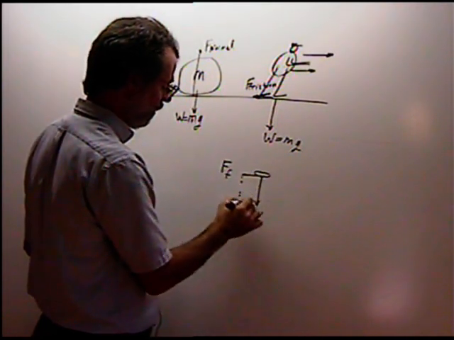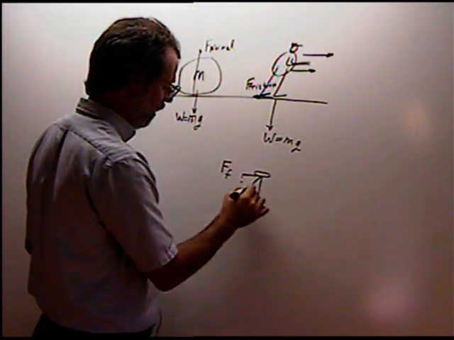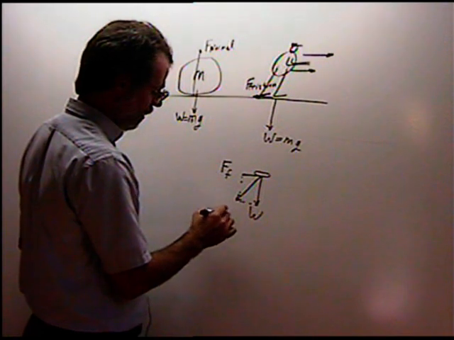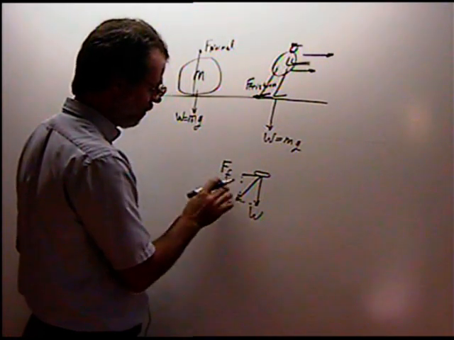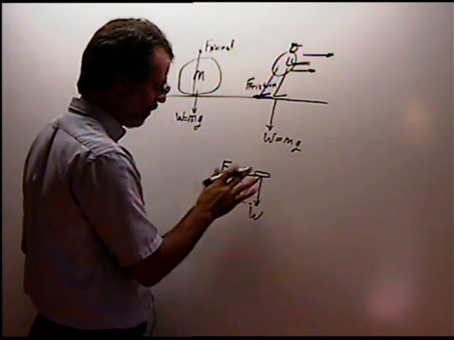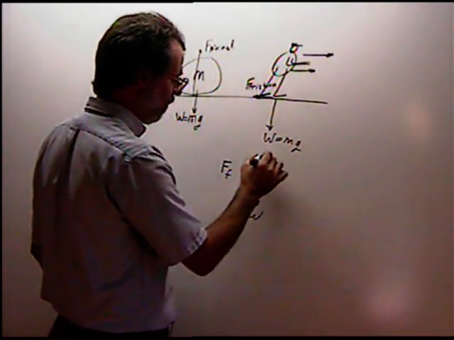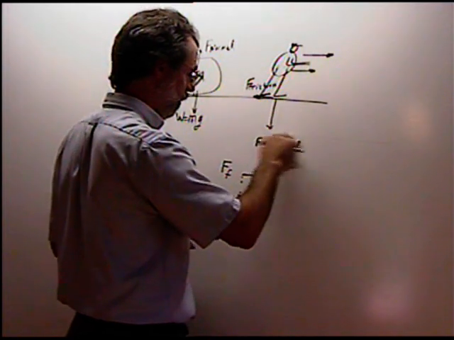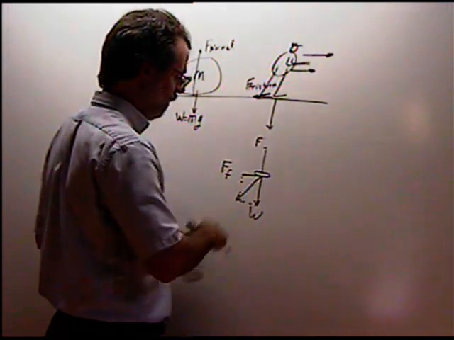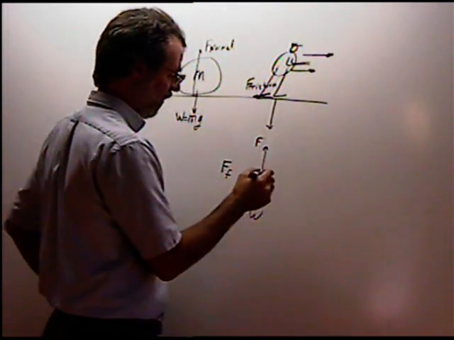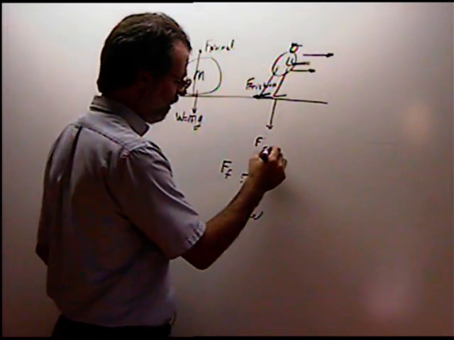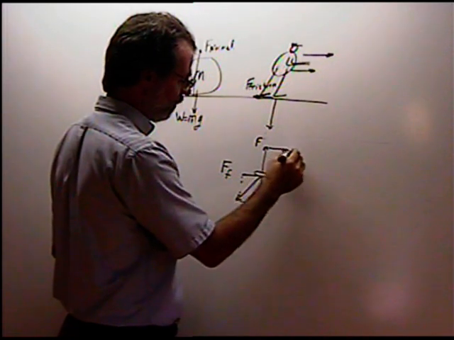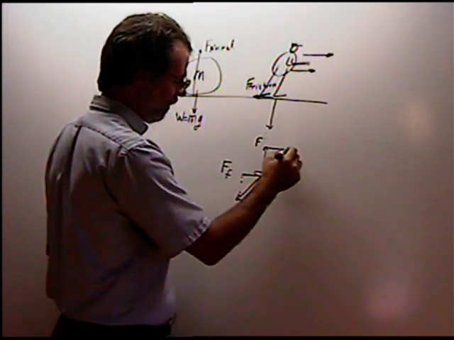The sum of these is actually a vector. I won't call it anything. It's just a sum of the weight and the friction acting back. You have the normal force acting up on the road. You have to apply a force this way in order to accelerate that's greater than the friction.